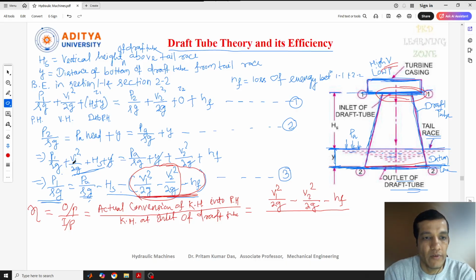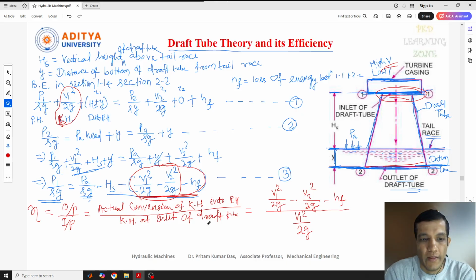That is nothing but, at this point, what is the kinetic head? Already I told you previously, kinetic head is the velocity head. Kinetic head also we can write here. That is kinetic energy, half mv square, and in terms of that we have written kinetic head. So here we will write V1 square by 2G.